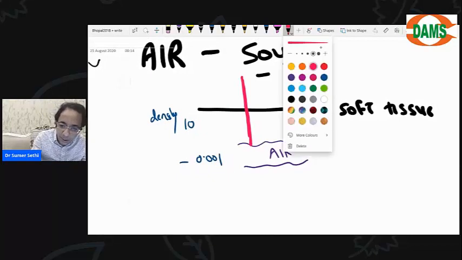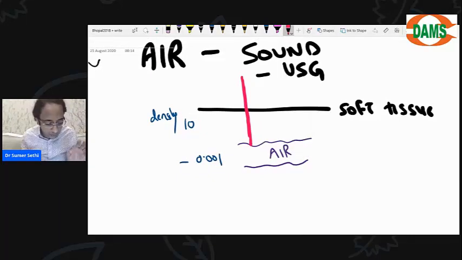Now what happens is, if you remember from school days, beta, whenever a wave passes through a medium where density is changing, the wave will bend. That principle is called refraction. याद है कि नहीं? जहां पे density बदलेगी वहां पे refract होगी, wave bend होगी.